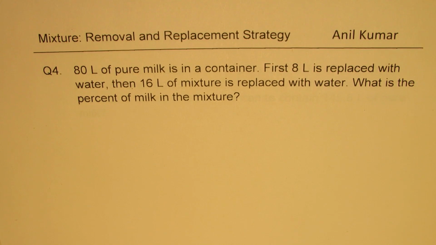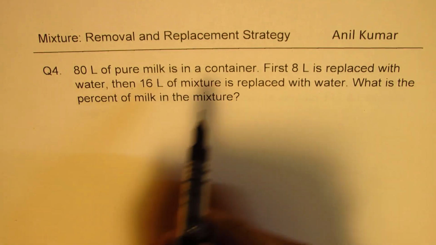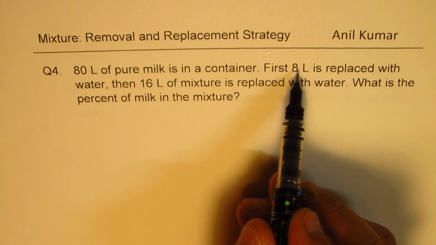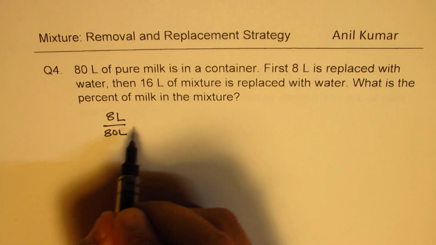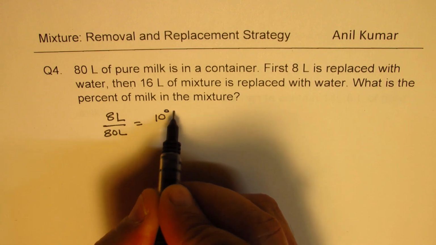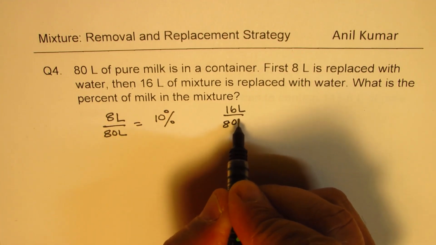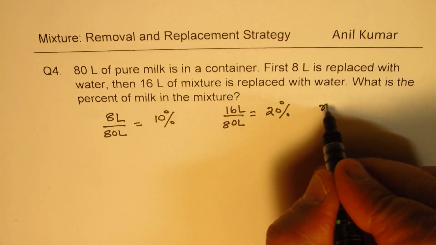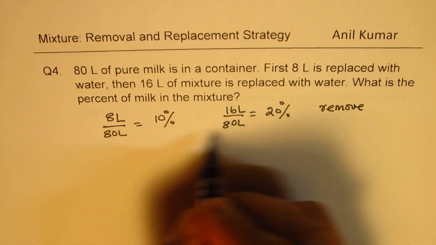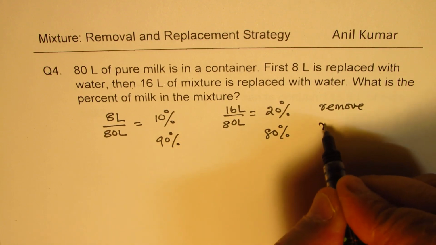We can again use the formula here. 8 liters out of 80 liters really means 10%, and 16 liters out of 80 liters means 20%. So that is removed. What remains is 90% in the first case and 80% remains.